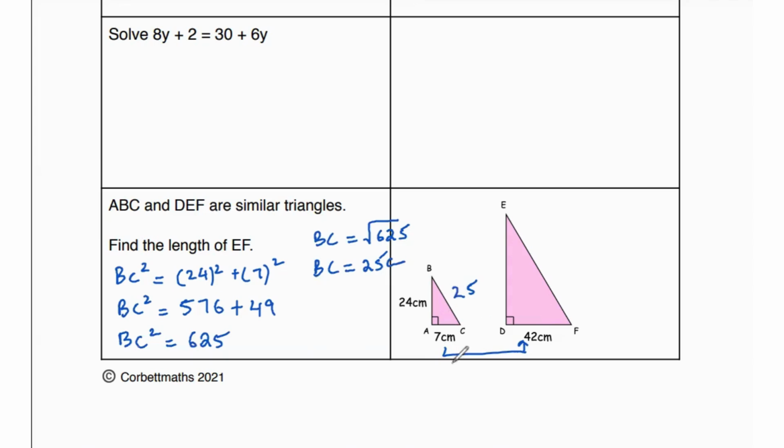To increase 7 to 42, we multiply 7 by 6, which means 6 is your scale factor. So to find EF, we multiply 25 by 6, and that gives us 150 centimeters. So that is the length of EF.